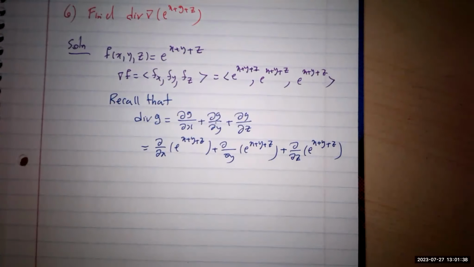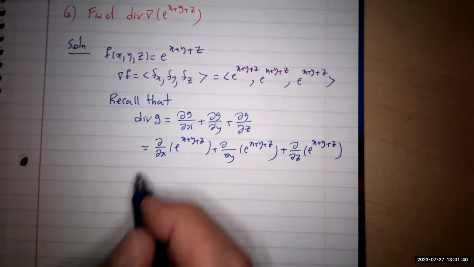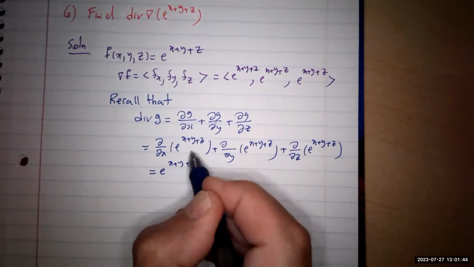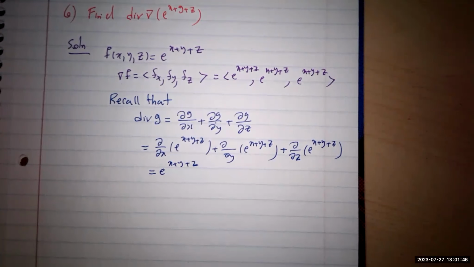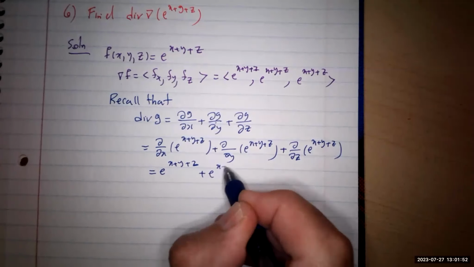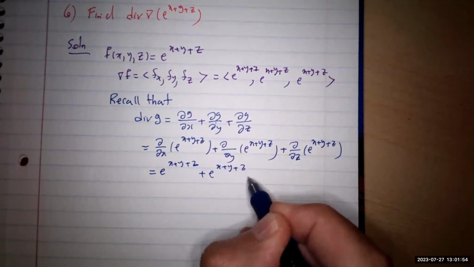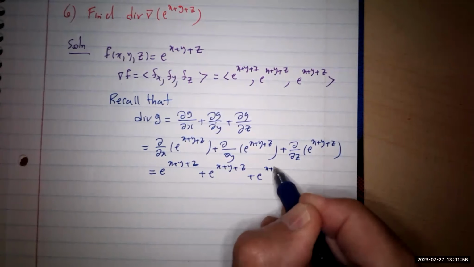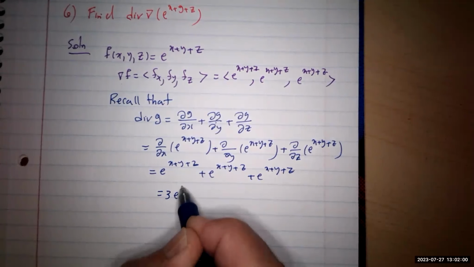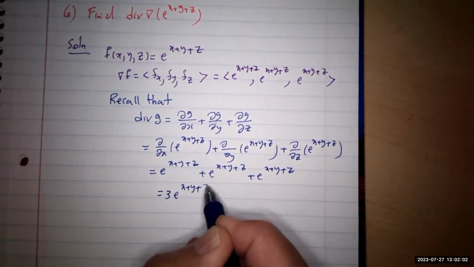It's going to be the same thing each time, because the exponential function never changes and u prime is 1. So all of them are the same. The result is 3 times e^(x+y+z).